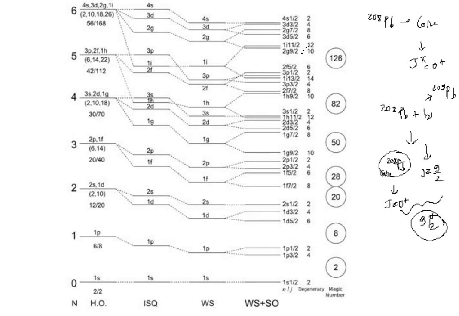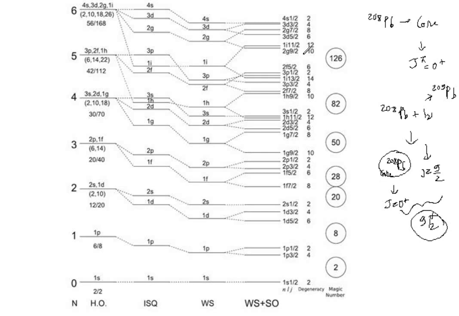It can go to i11/2, right? So what I am saying is that we are trying to keep the core part as it is and change the level to fill the valency neutron from 2g9/2 to another state successively from the low energy level in order to predict the spin and parity.